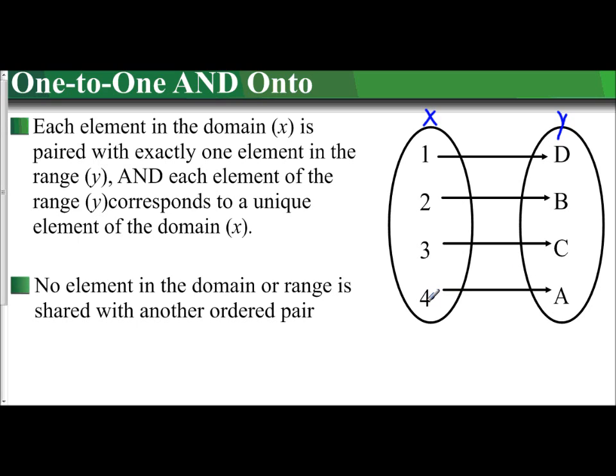So when you're trying to figure out if something is both one-to-one and onto, you're going to have to ask yourself, does it meet both characteristics of a one-to-one function and an onto function? And the easiest way to do this is if it passes both the vertical and horizontal line test.